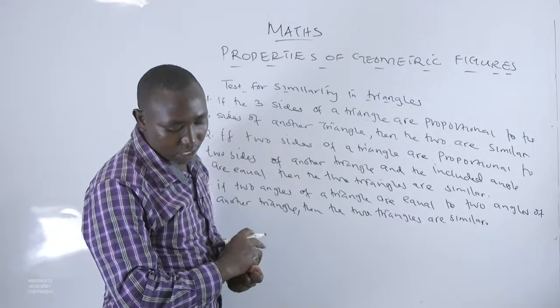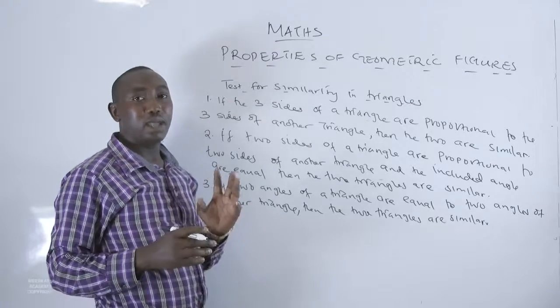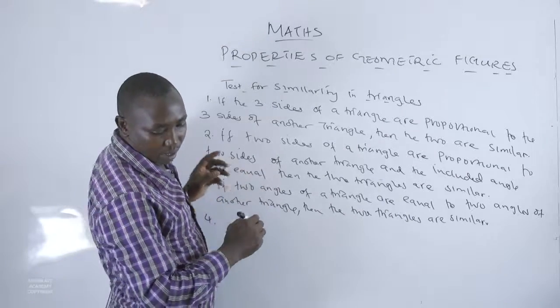Then the last test is on the hypotenuse, the second side, and the right angle, that is the RHS.